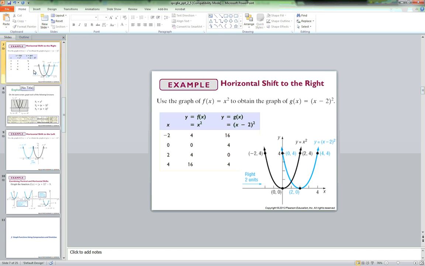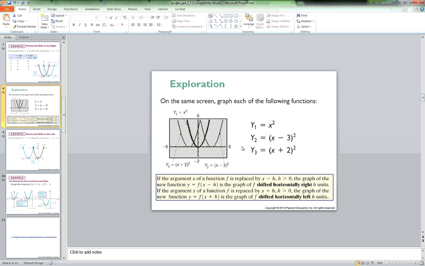To the left. So when I have an x plus 2, that'll shift this parent function 2 units to the left. Just to review what we looked at, a horizontal right shift is an x minus h inside, so we replace x with x minus h.